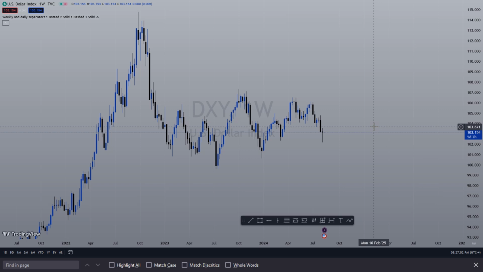Why are we looking at the dollar? Because the dollar is very important. Whatever is happening in the dollar has a direct impact on the currencies, that is the Australian dollar, the Great Britain pound and any other dollar cross pairs you are watching.